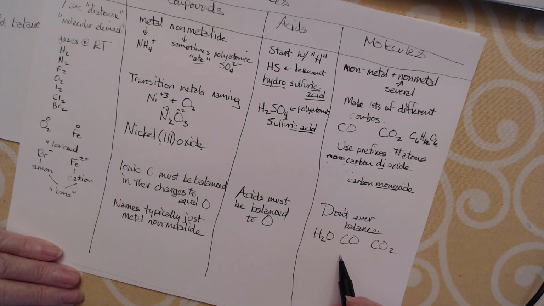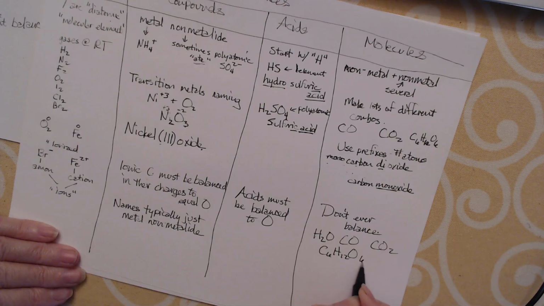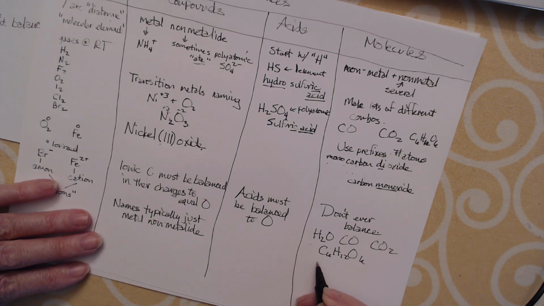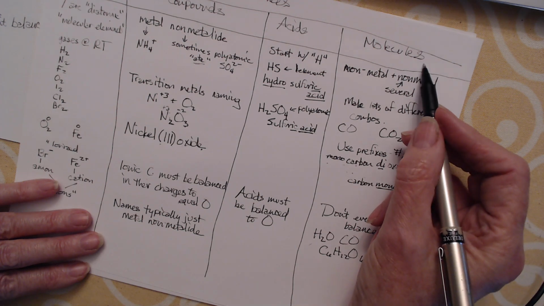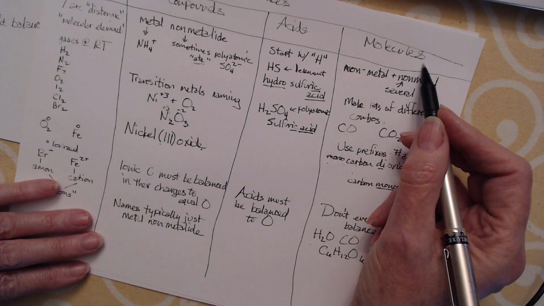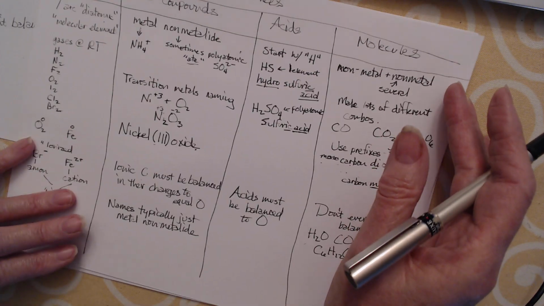But those are the major ones. Oh, be good to know sugar, right? But in general, we'll give you the names of any molecules that you need to know the name of. If you see carbon at the first, you're going to always assume it's a molecule and not a compound, all right? That one sometimes throws people, but carbon is always going to be part of a molecule. All right, very good.